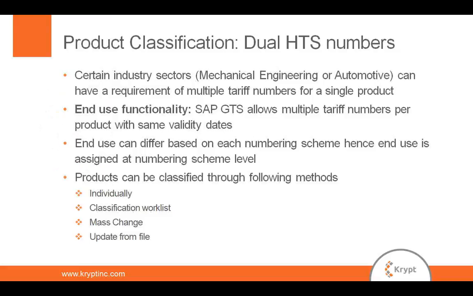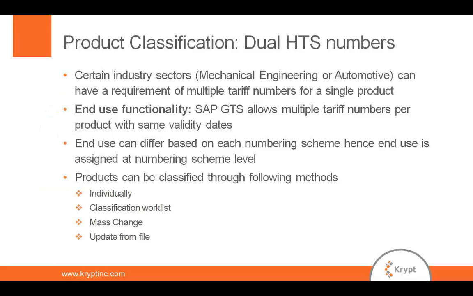So this is addressed by GTS through a functionality called end use. End use is something which we assign to a numbering scheme. Numbering scheme in GTS is where, for US HTS or whatever country, you say what's the length, what's the unit of measure, anything that goes within that numbering scheme.